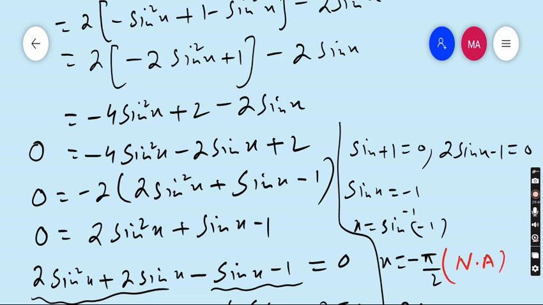I am taking this as minus 2 into 2 sin square x plus sin x minus 1, because this will give an easy double derivative answer.